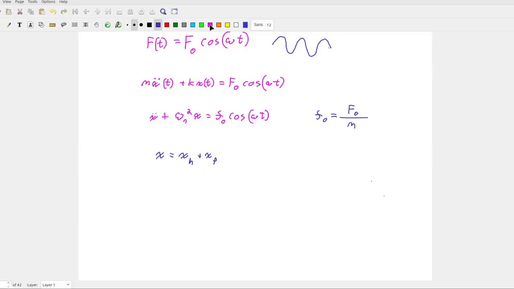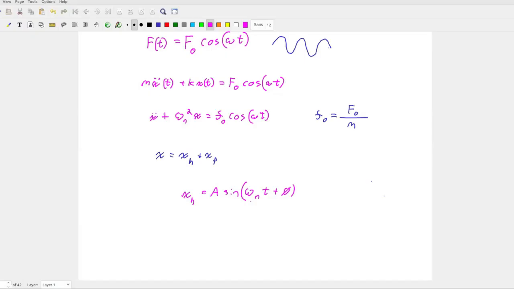Let's just write a solution for our homogeneous function, and that's x of h is equal to a sine of omega n t plus phi. So it's the exact same expression we had before. We're just redefining it as x of h.